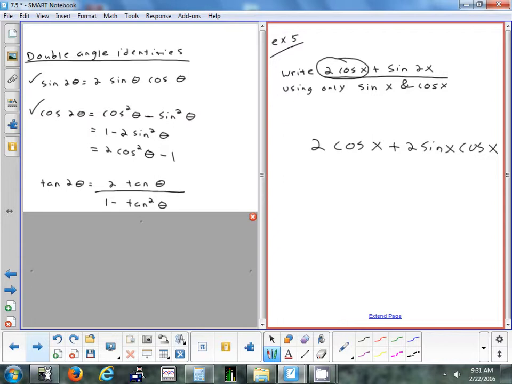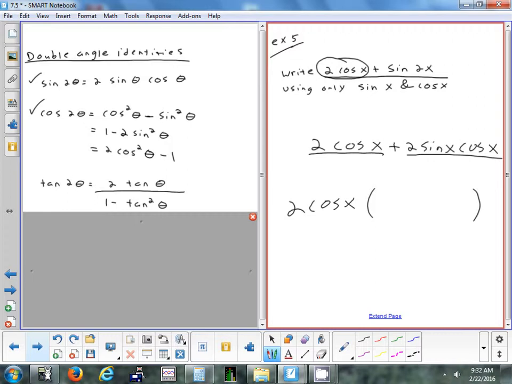We've gotten rid of the 2 from next to the x. The only way to do it is to use one of these formulas. That's the only way. And now, what do this term and this term have in common? Yep, they both have a cosine x. Anything else? A 2.